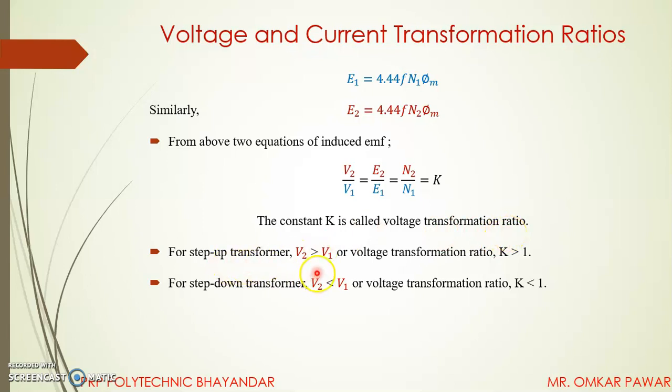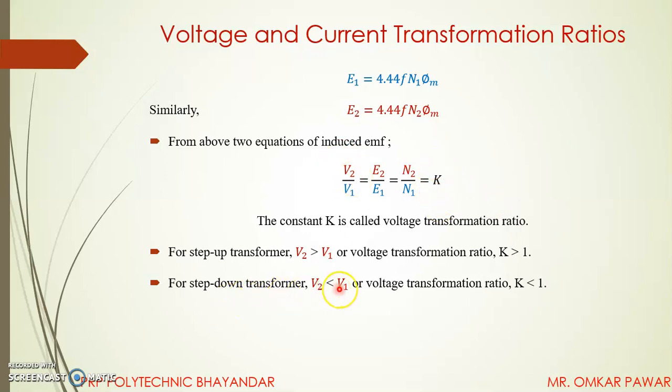For a step up transformer, if we have to step up the voltage, V2 will be greater than V1, or the voltage transformation ratio K is greater than 1. So V2 is equal to K V1. In order to have a greater secondary voltage, K should be greater than 1.